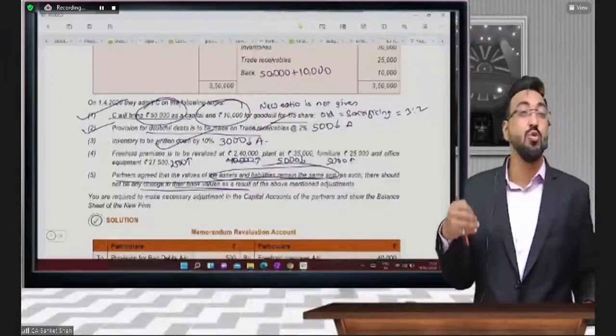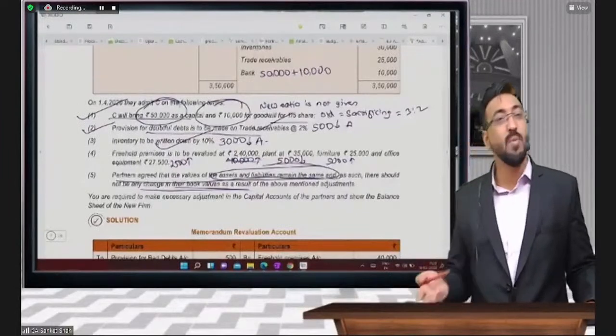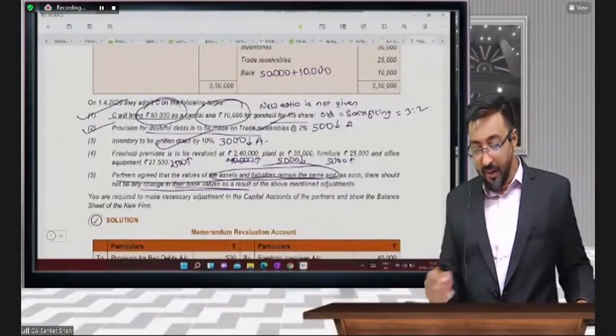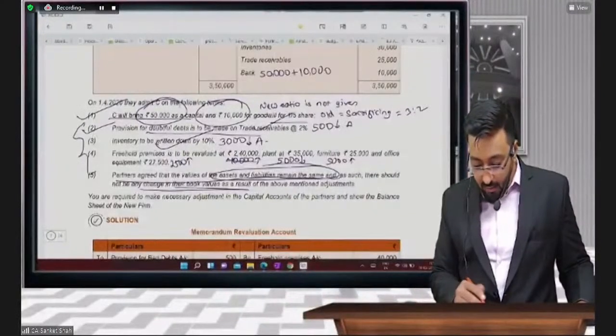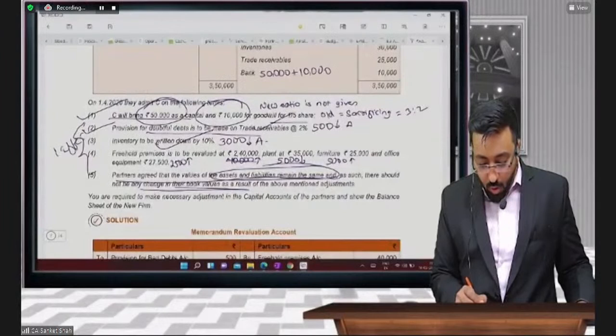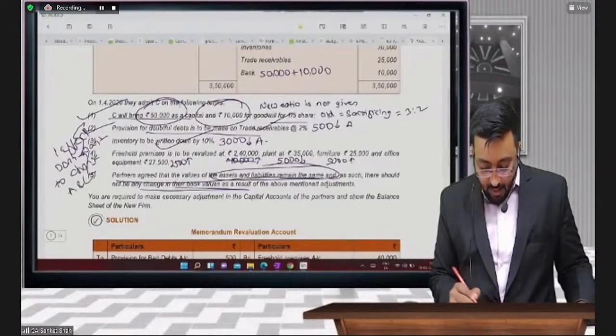Cash account debit to C's capital. Cash brought, bank balance increased. Cash or bank is one effect, and C's capital is the second effect. And for this we are giving only one effect. Why? Because we don't want to change assets and liabilities value.